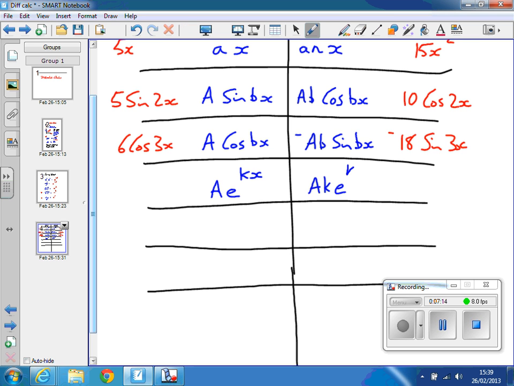So this exponential function, where the base is the natural number e, is a very special function. The differential is itself effectively. If we take the special case of e to the x, the differential of that is still just e to the x. It's its own differential. And that's the only function that's like that.